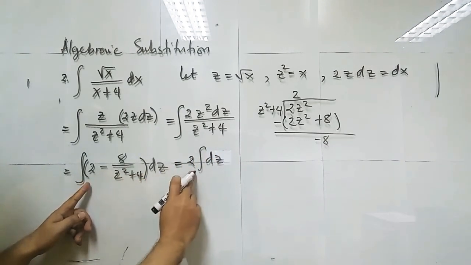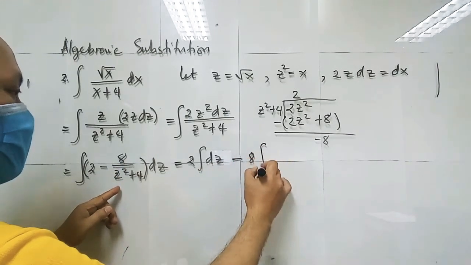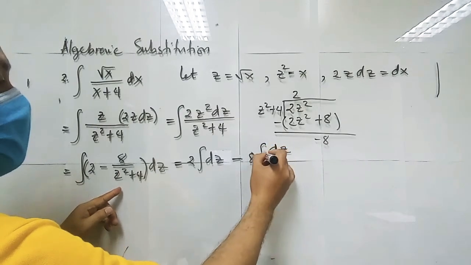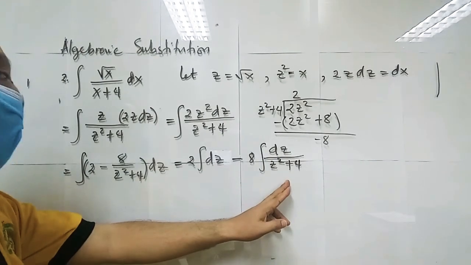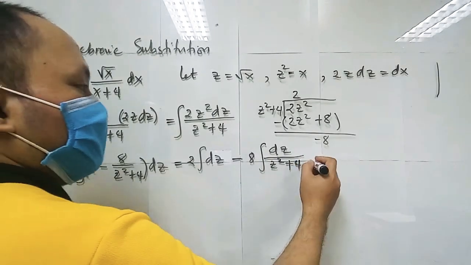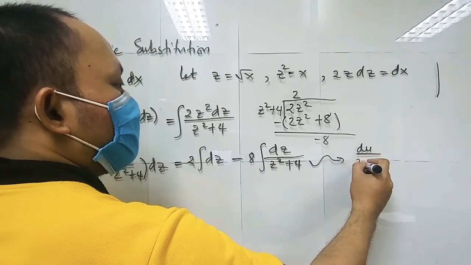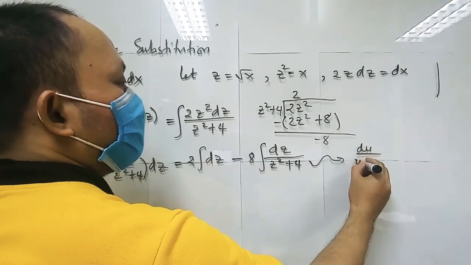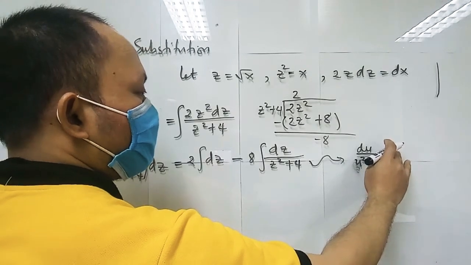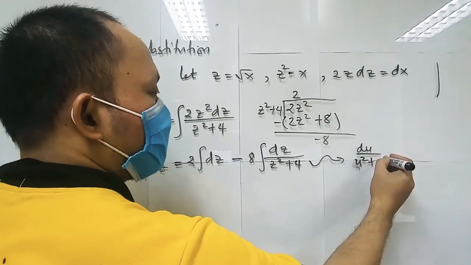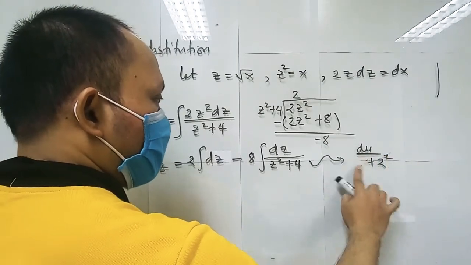2 times dz, that is 2 dz, minus 8, I will write 8 first, and then dz divided by z squared plus 4. This part is du over u squared plus a squared, which is the arctan formula. So here a squared is 2 squared, which is equivalent to 4, and this one is z squared.